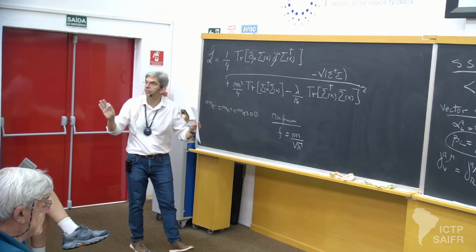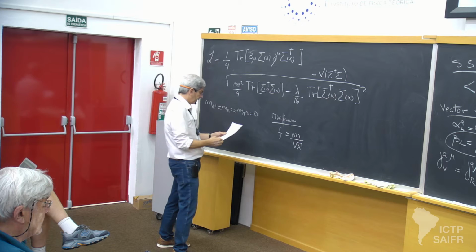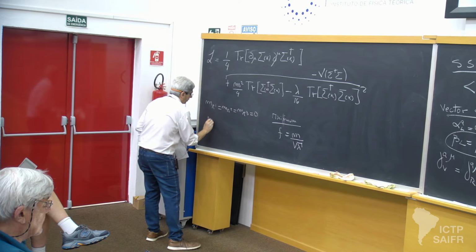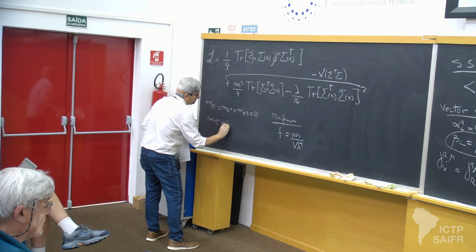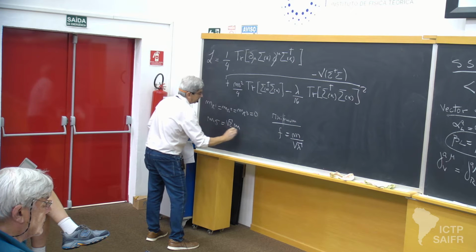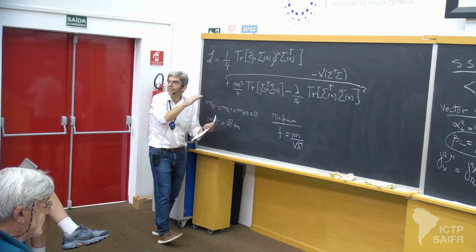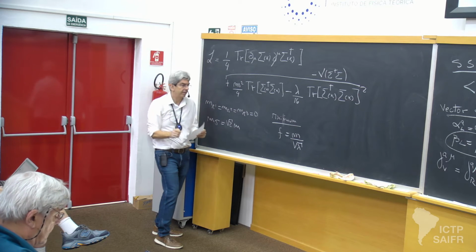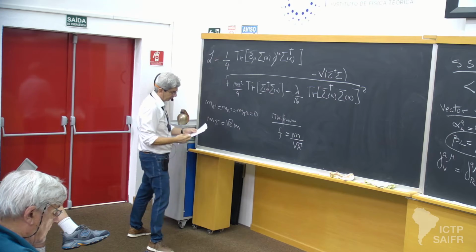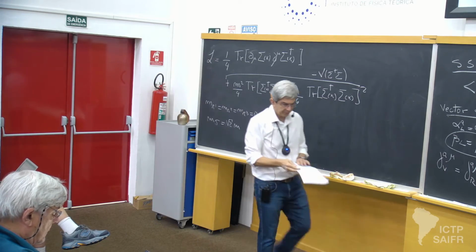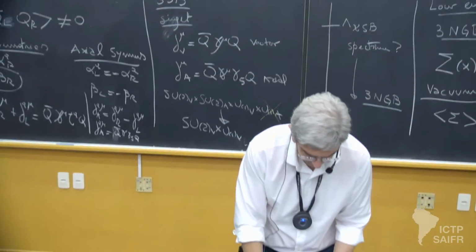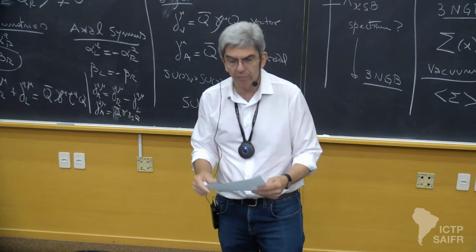Very similar to the usual thing. Then you compute the mass of the sigma, and well, obviously the mass of the sigma would be the square root of 2 times m, because I chose all the numbers here so that when they take the trace of the matrices, everything works out.